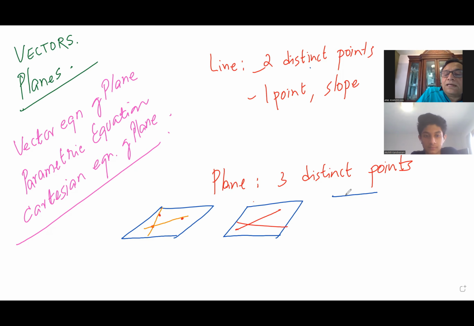Well, 2 parallel lines could also give you a plane. We'll see how to use them. Any 2 points, because if you have 2 parallel lines, we could actually have 1 point on this line, 1 point on that line, and you see that? Right. So we get another direction, and effectively we could get 2 lines on this particular plane. You get the idea. Yes, sir.